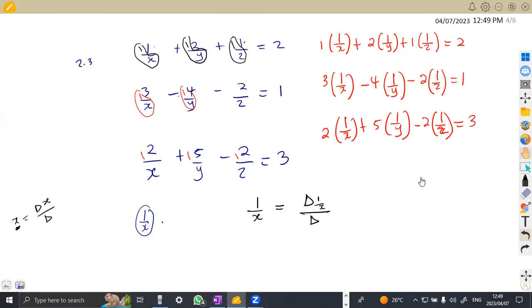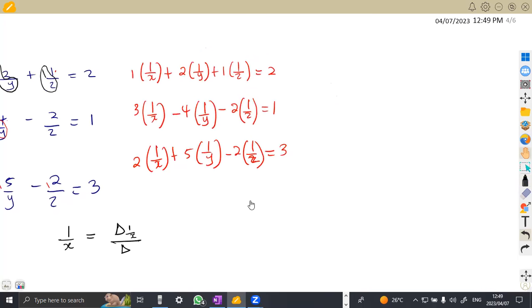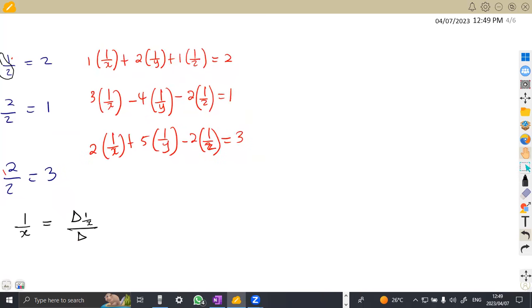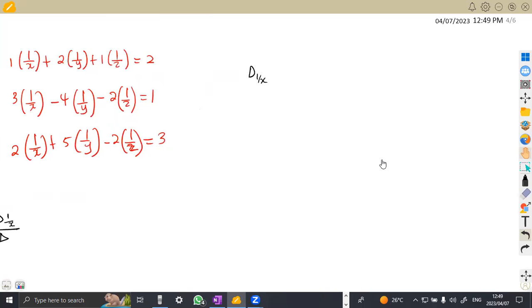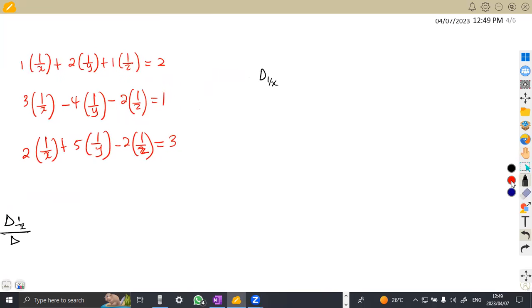So we are going to find the determinant with respect to 1 over x, whereby remember, we close the part where there is 1 over x, this part here, and replace it with the constants.